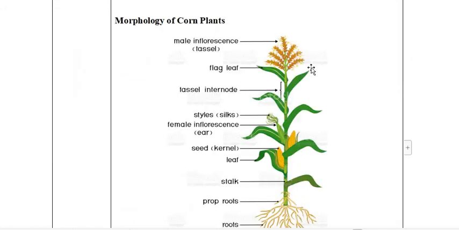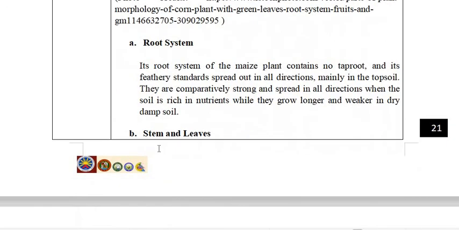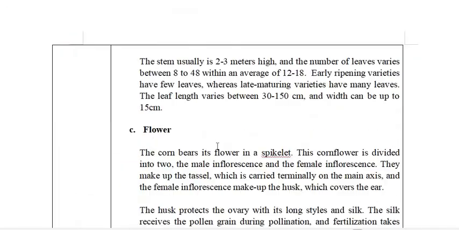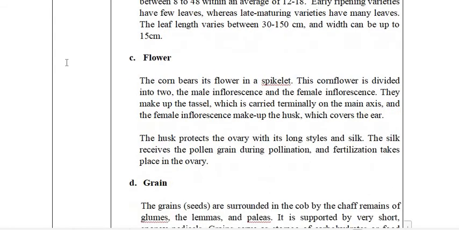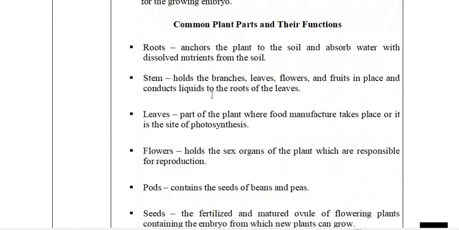So, morphology of corn. Mga basic yung nila ibutang diri kay mao gyud murag kadalasang ginakaon nato sa Pilipinas. No? Kumakain tayo ng bigas. So, either corn or rice. So, root system, stem and leaves. Para saan yan? Sa corn, flower, the grain. No?